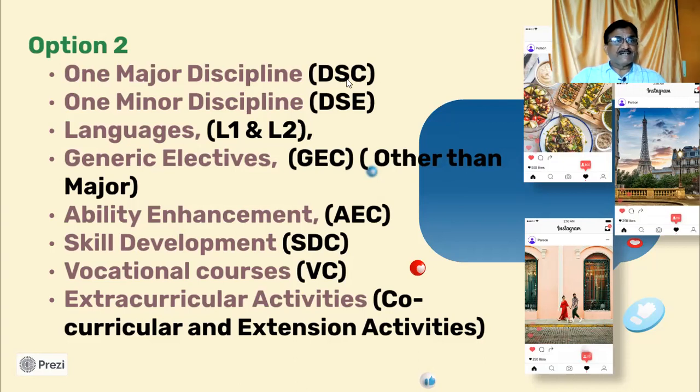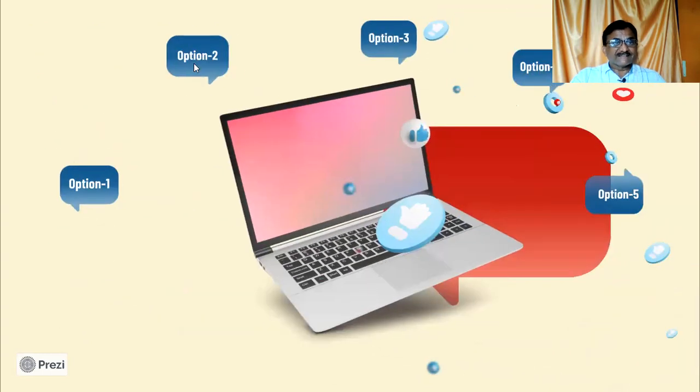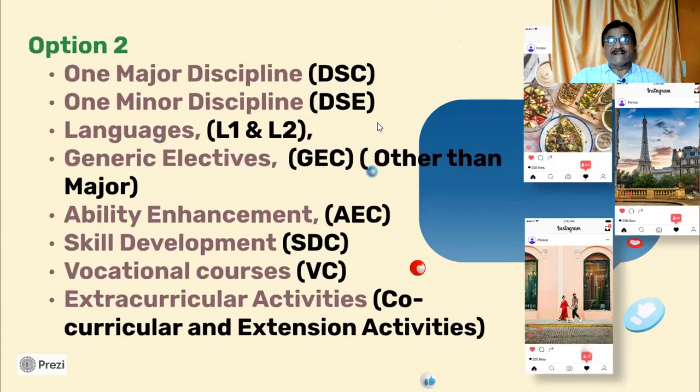As I have explained, one major discipline has to be selected, and one minor discipline has to be selected. I will get back to this here. Earlier, this one was the languages. Now, here, one minor discipline has to be taken apart from choosing the languages L1 and L2, whatever I have said about this.